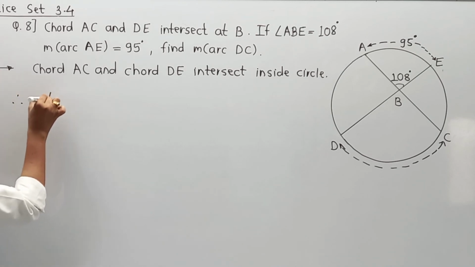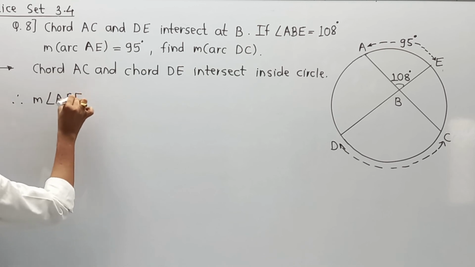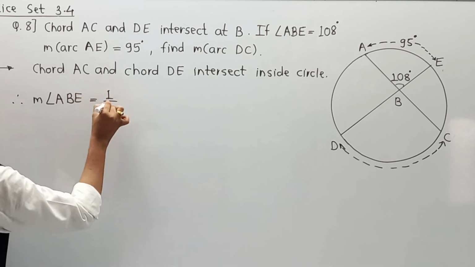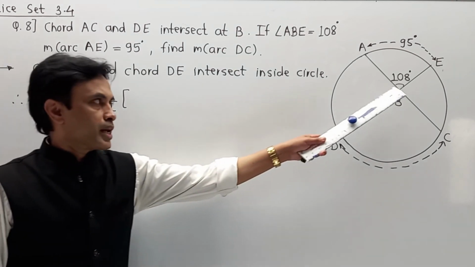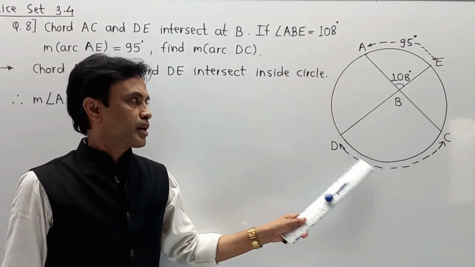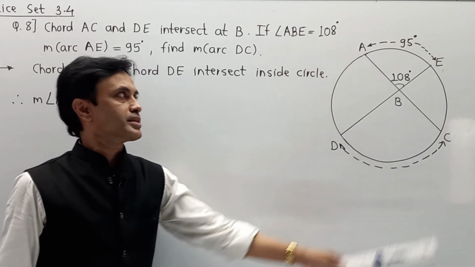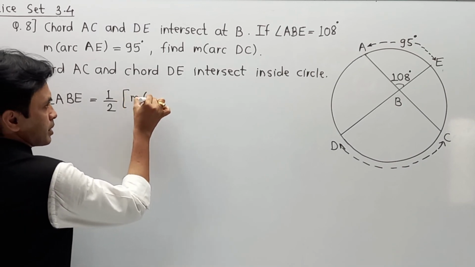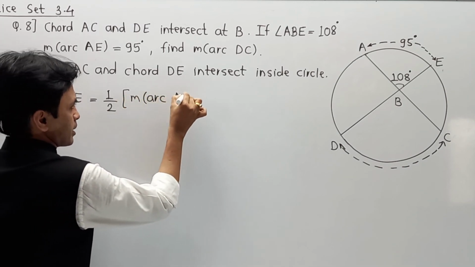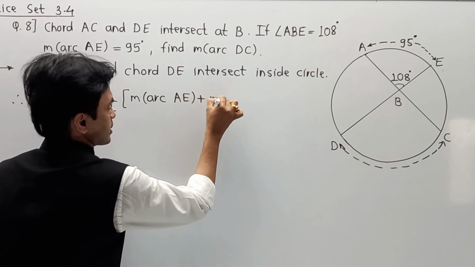Therefore, major angle ABE is equal to half of the first arc plus the second arc, that is, half of major arc AE plus major arc DC.